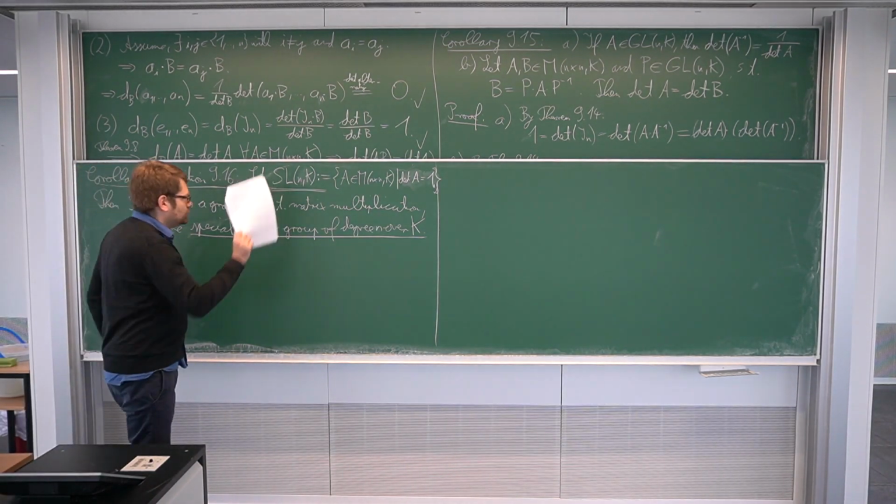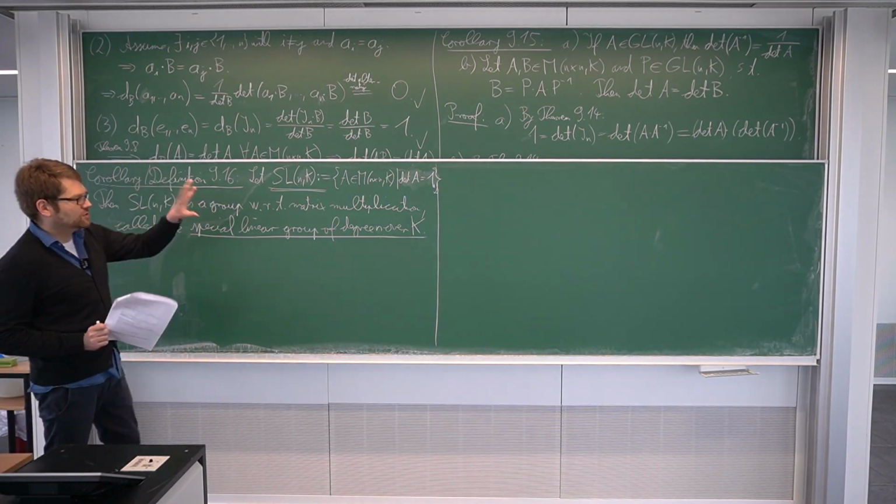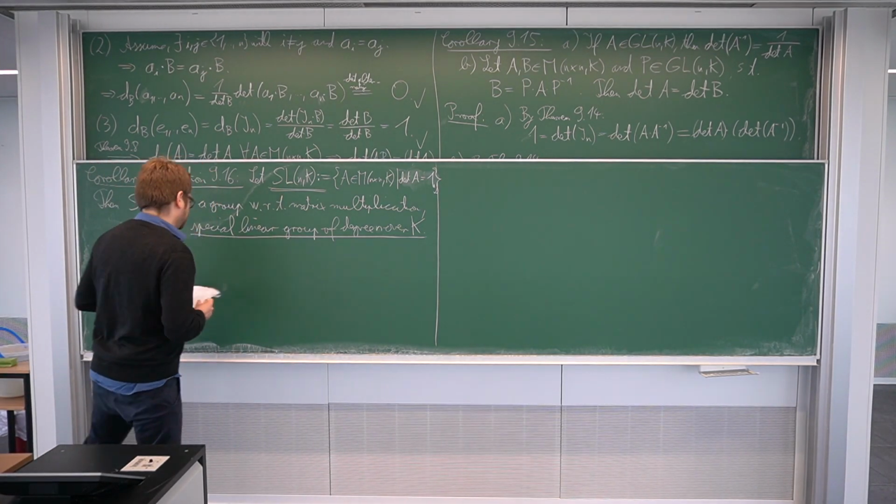So it's a subset of the general linear group. This is something more special. The general linear group was just everything where the determinant is non-zero. So this is really a part of it.